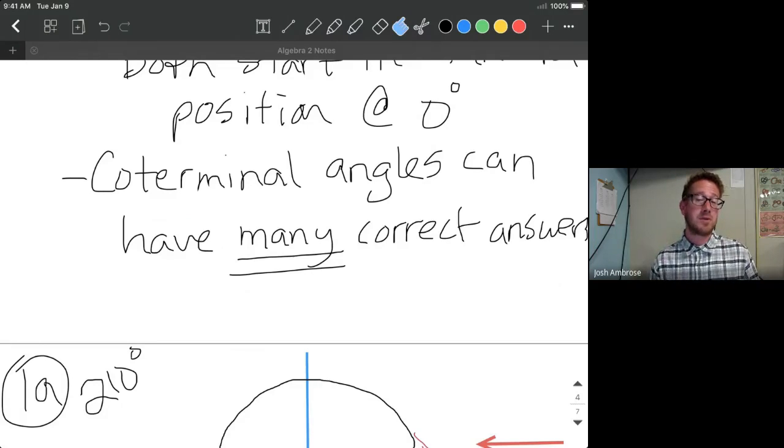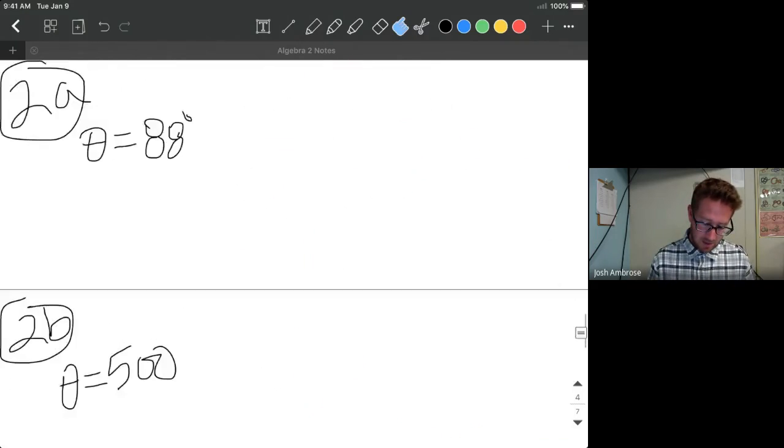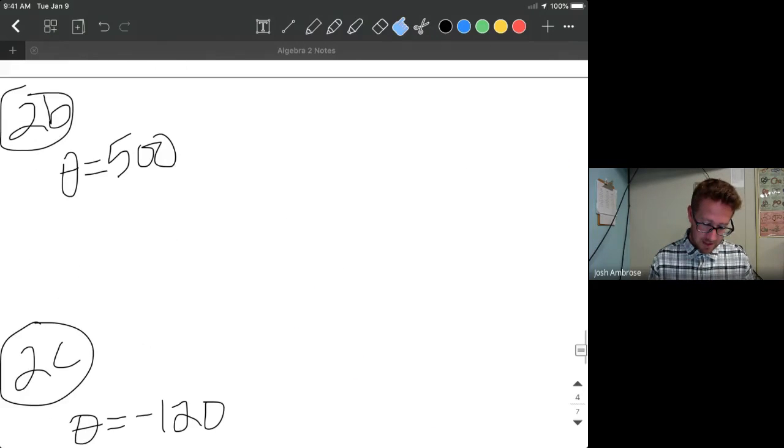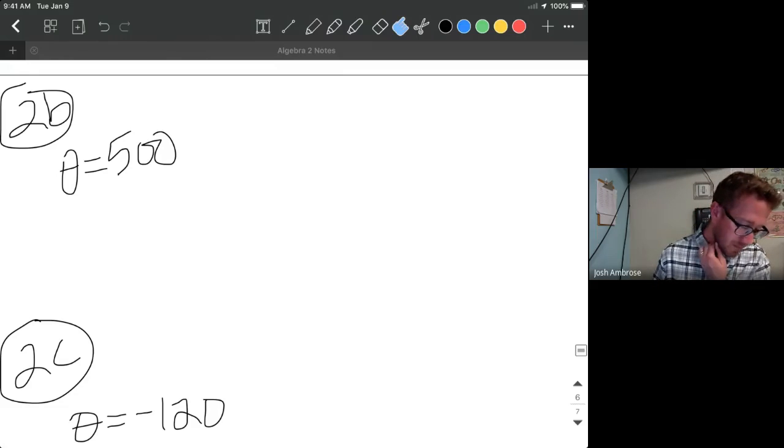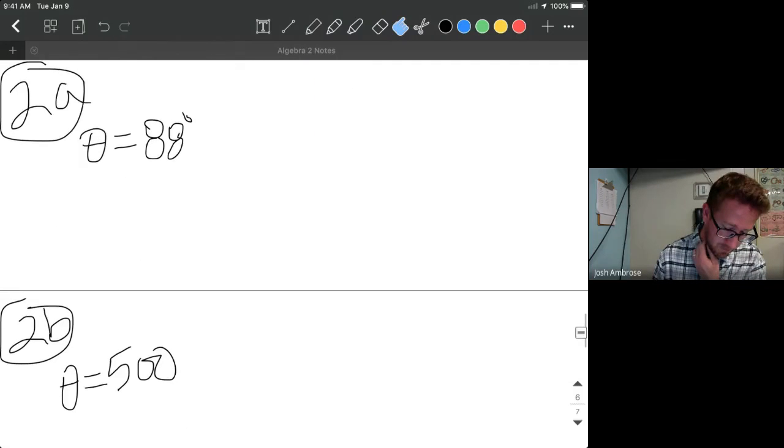But if you remember also what I said, everything has to be in a multiple of 360 from the given number. In other words, the problem that they give you, if we look right here, 2A, they give us 88 as our given number.